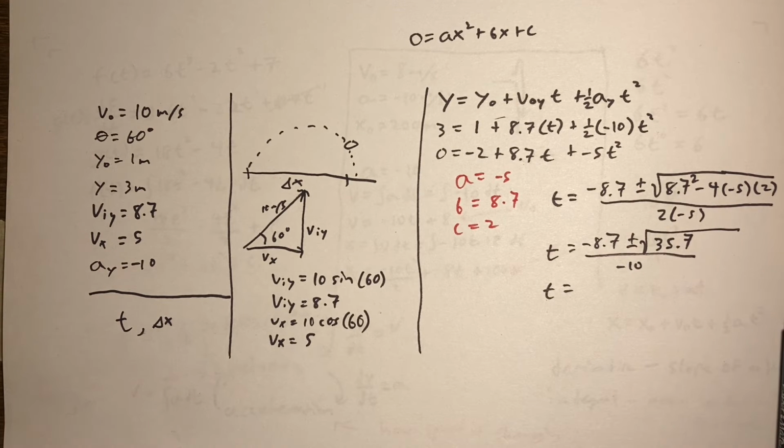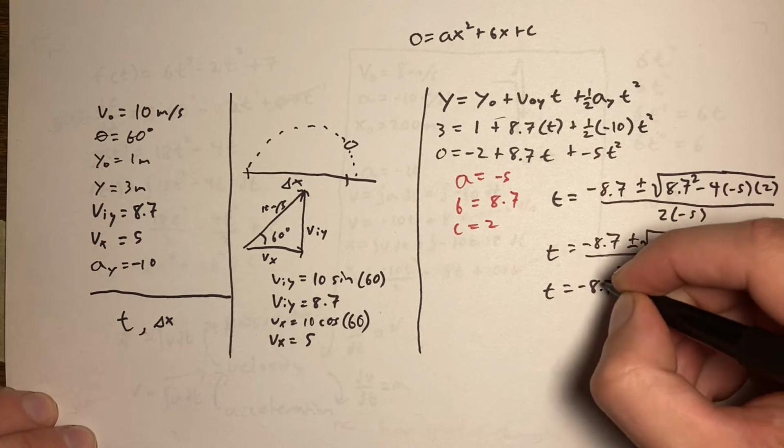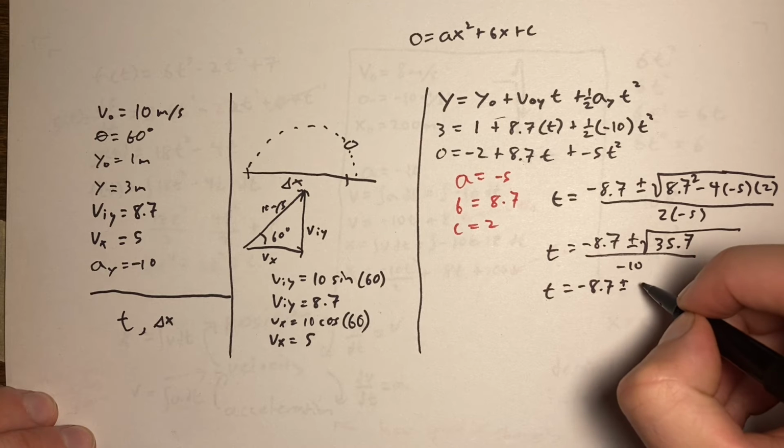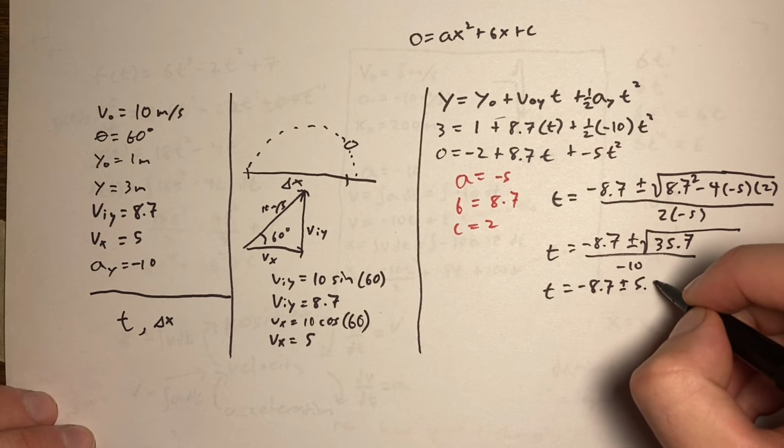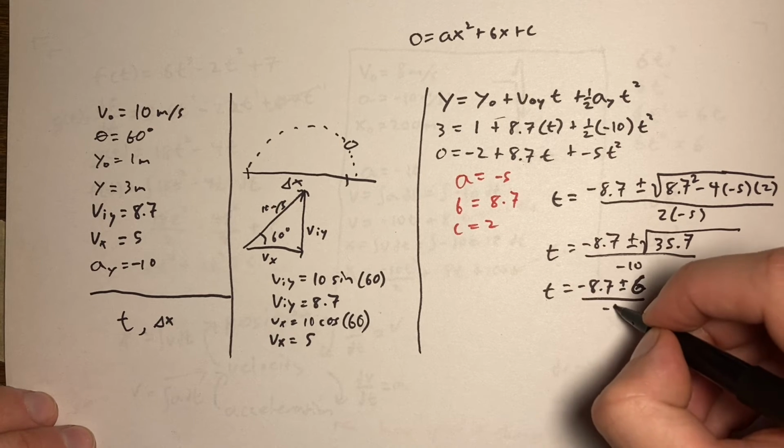Let me take the square root of 35.7. So it'd be negative 8.7 plus or minus 5.97, so let's just call it 6, over negative 10.